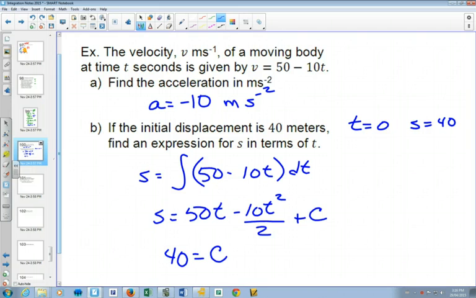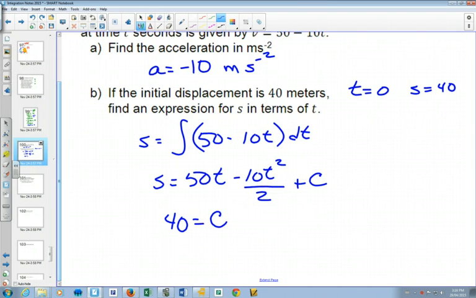So now we can write an expression that s is equal to 50t minus 5t squared plus 40.